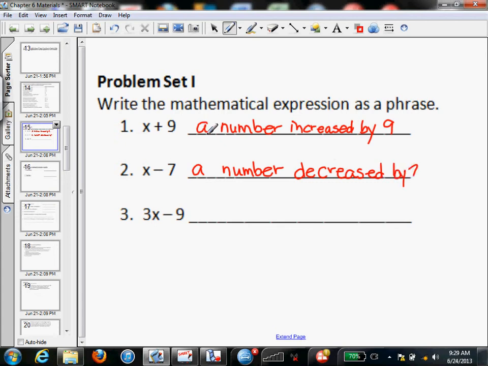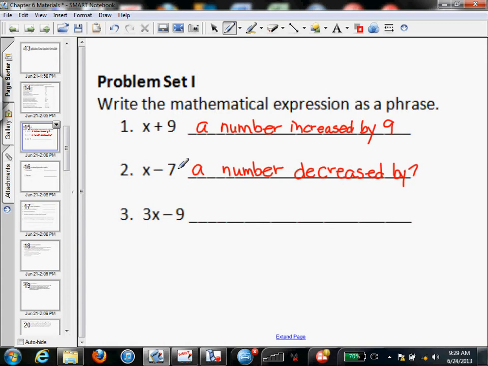Notice our words. A number is referring to the variable, increased is referring to addition, and then we just put the number that we're working with. In the second one, a number refers to our variable. Decreased means to subtract, and then by 7 is referring to the number that we're working with.